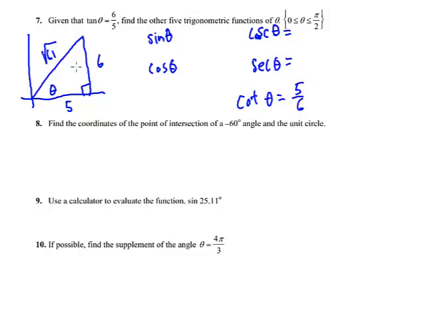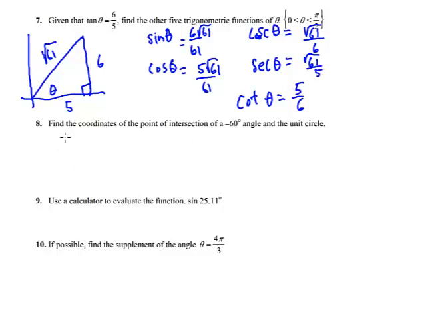Now, sine will be 6 over rad 61. Take the rad away and put it on top. Cosine is adjacent over rad 61. Cosecant is hypotenuse over opposite. Secant is hypotenuse over adjacent.